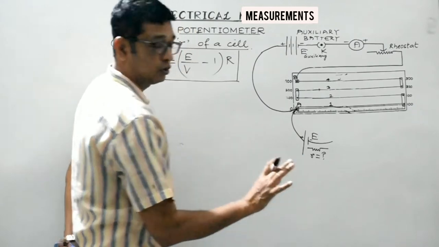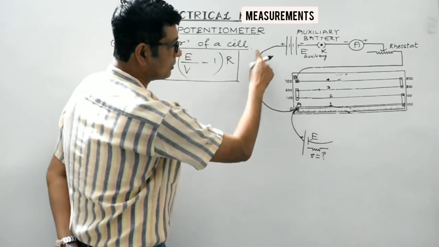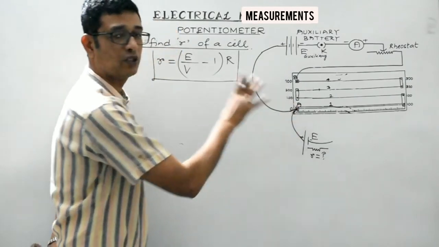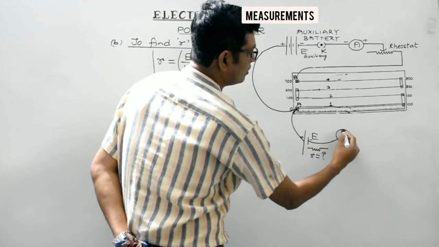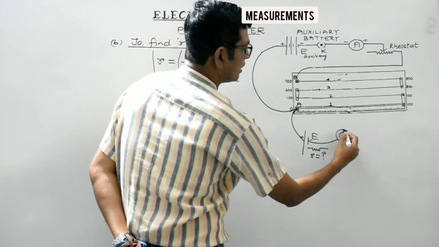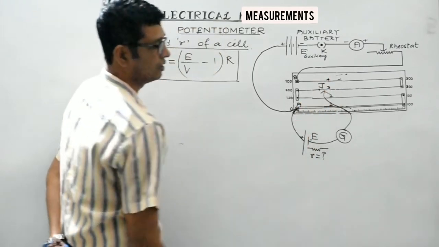Right? So again remember, the positive terminal of this cell as well as the positive terminal of the auxiliary battery both should be connected to the common end A. And this is the galvanometer, and the other end would be connected to the jockey. This is the jockey, suppose.